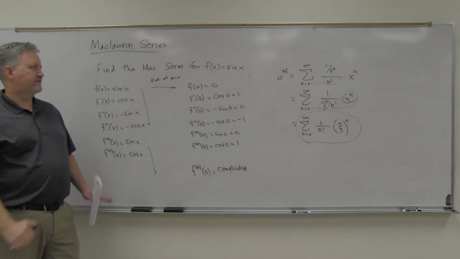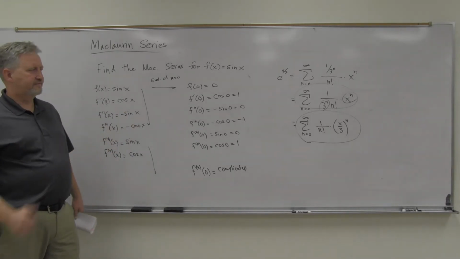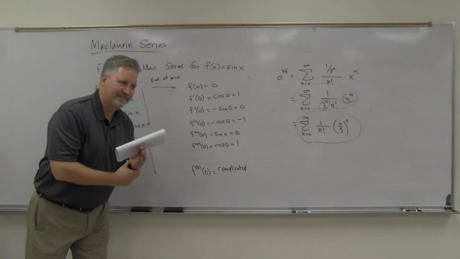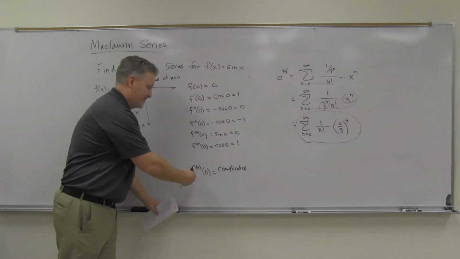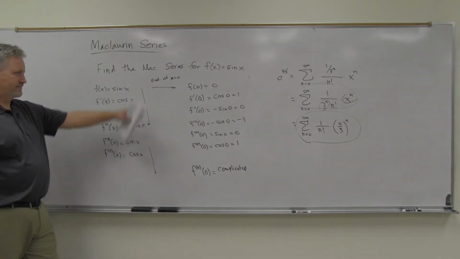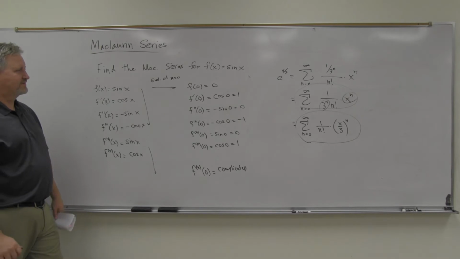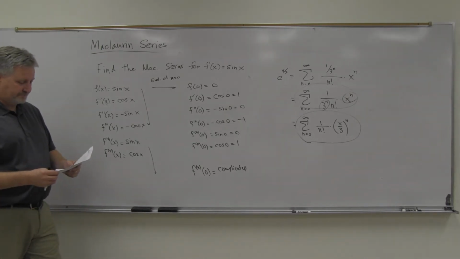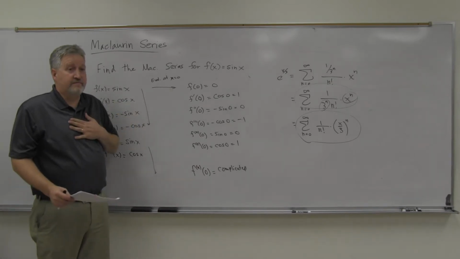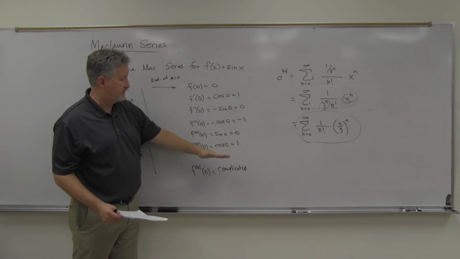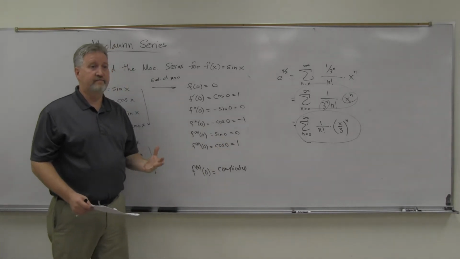There is no specific nth derivative at 0 formula with those all showing. But there are some obvious patterns here because we've got 0, 1, 0, negative 1, and then the cycle will go again.